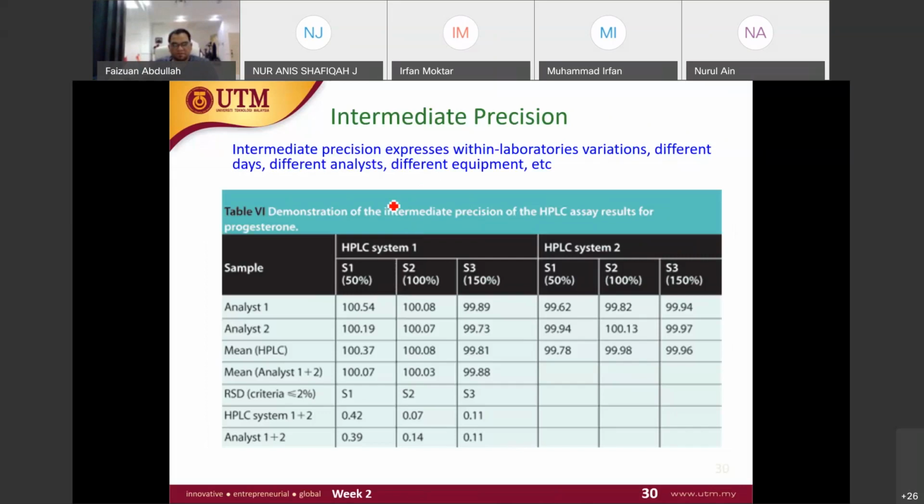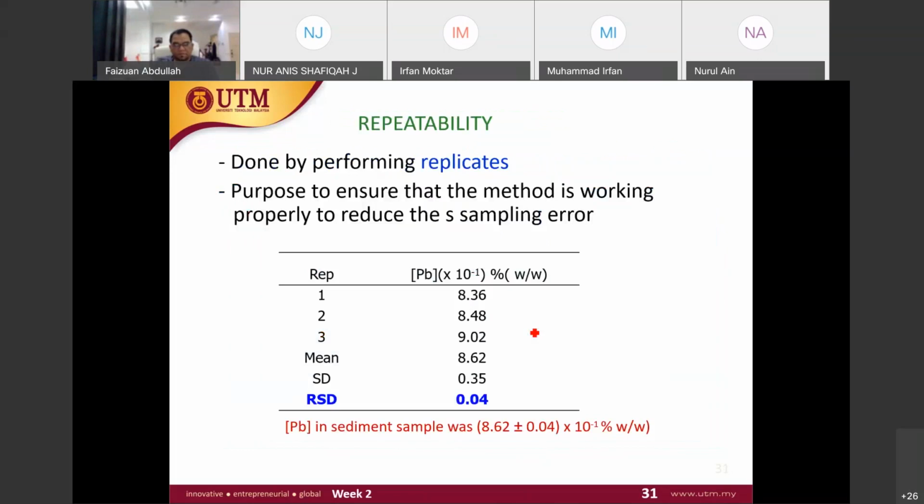For example, this table 6 demonstrates the intermediate precision of an HPLC assay result for progesterone. We have two systems, HPLC system 1 and system 2, different samples 1, 2 and 3, and different analysts 1 and 2. The value is obtained by performing replicates.